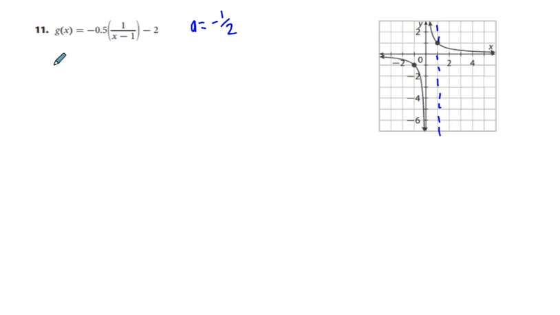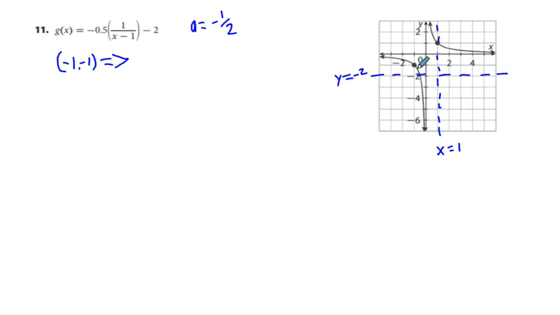So for this we have a -1, comma -1. And then as far as our horizontal asymptote, we have y equals -2. So y equals -2, x equals 1. So we can see our asymptotes here already.